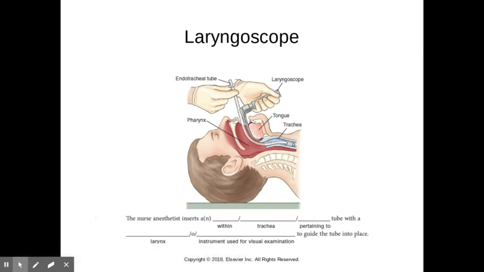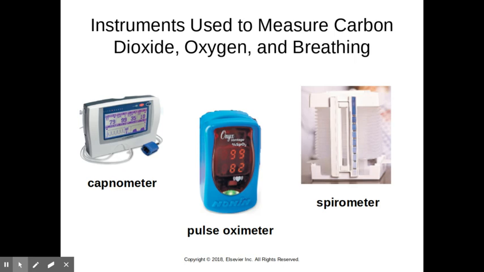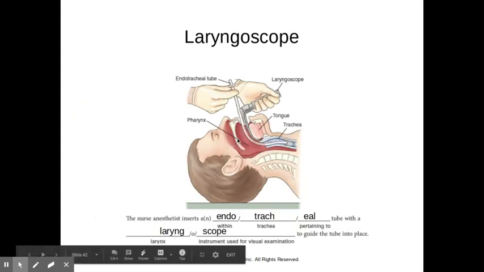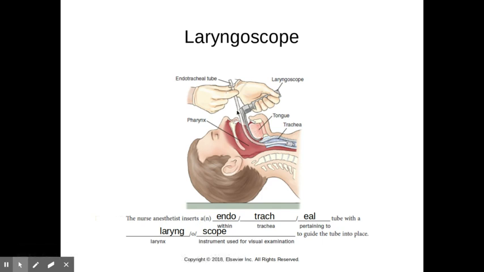The nurse anesthetist inserts an endotracheal tube with a laryngoscope to guide the tube in place. So this is to open up the airway. It's a breathing tube essentially, right?